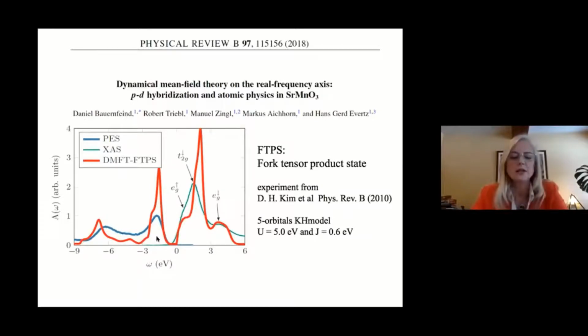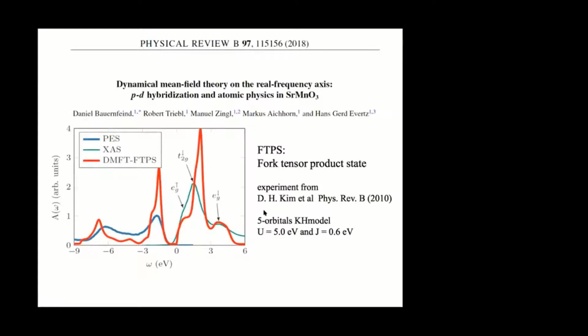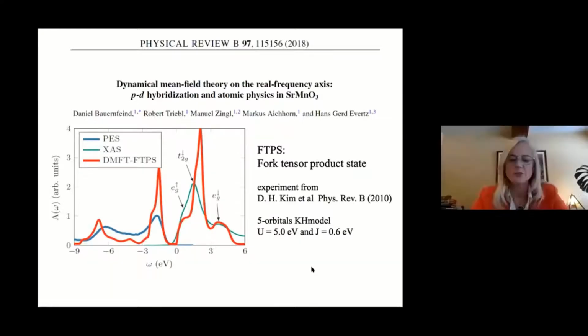Here we see some structure, and above the Fermi energy they compare with XAS, X-ray absorption spectra, from experiments in green, and in the experiments they can distinguish the origin of these very broad peaks. They come from eg and t2g bands, and something can be seen from the DMFT tensor network result. So this seems to be quite promising. This is done for the five-orbital Kanamori-Hubbard model with these parameters, with input from ab initio spectral densities.